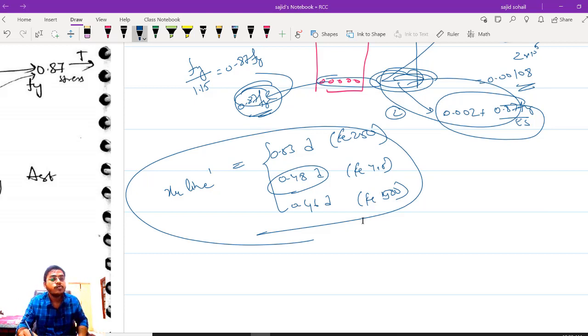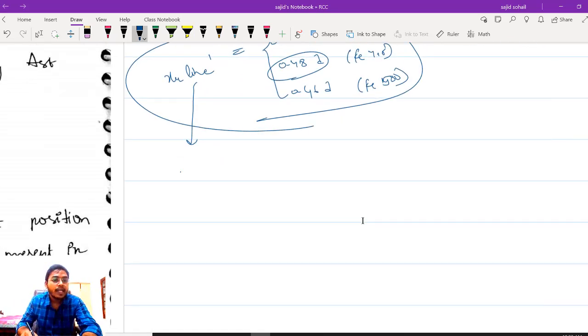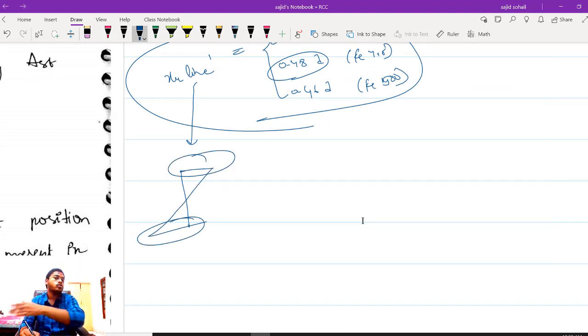Right, how you got these values? We have assumed it as balanced section only. हमने जो calculation किया था, I hope you remember it, right? We have assumed यहाँ पे 0.0035 था, यहाँ पे 0.002 plus 0.87 fy by Es था, and using similar triangles I just found out the depth where there is no compression and no tension, and I got my Xu limit value.